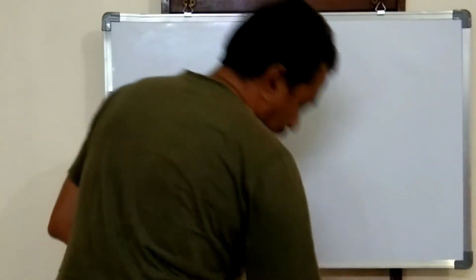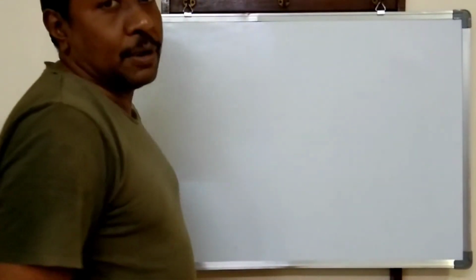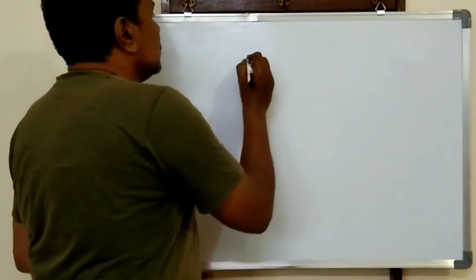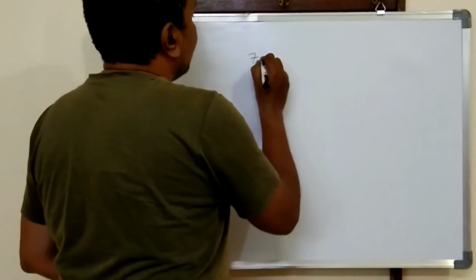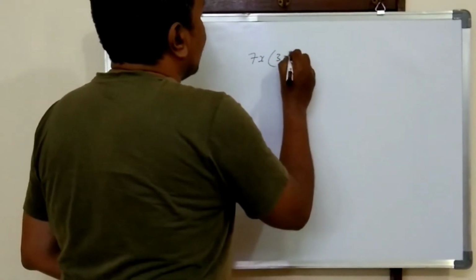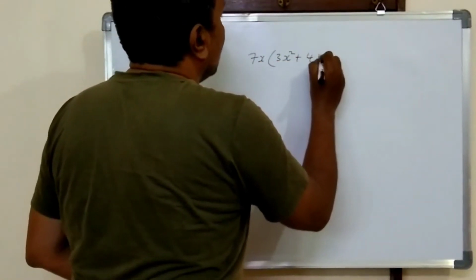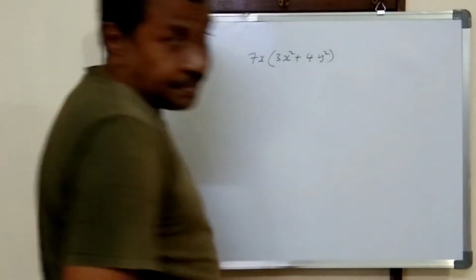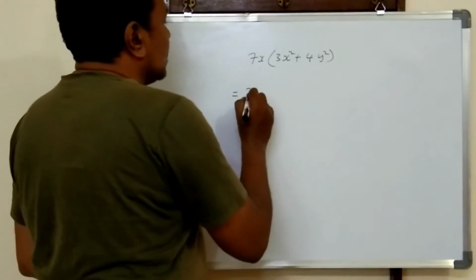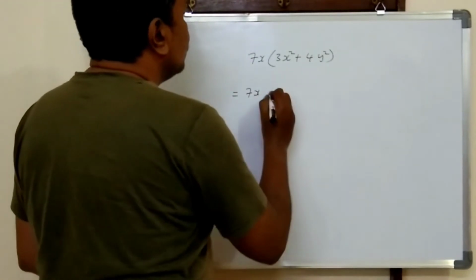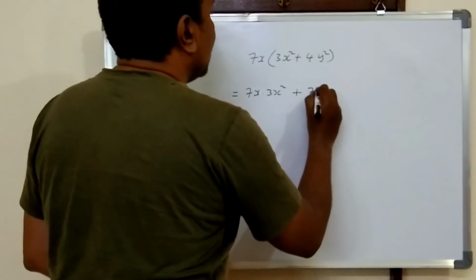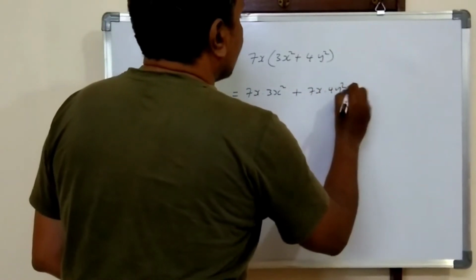Now come to the next point. How to multiply a monomial with a binomial? This is very simple. 7x into 3x square plus 4y square. Here, 7x into 3x square plus 7x into 4y square.